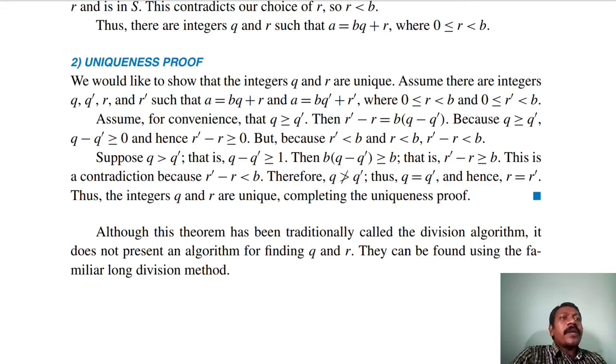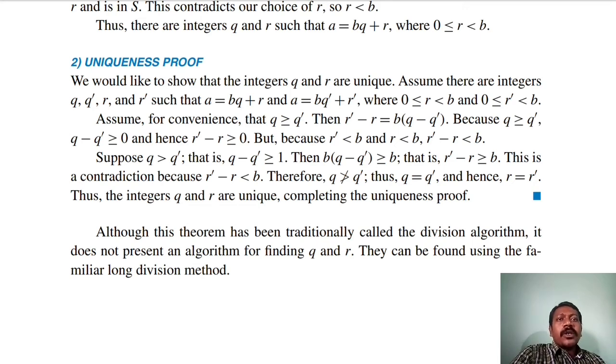If we multiply two non-negative integers, we again get a non-negative integer. So r dash minus r is greater than or equal to 0, but we have r dash less than b and r less than b, which implies r dash minus r less than b. It is very important to note that r dash minus r is less than b.